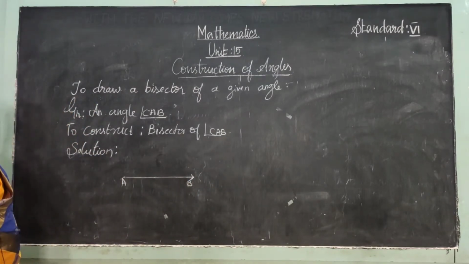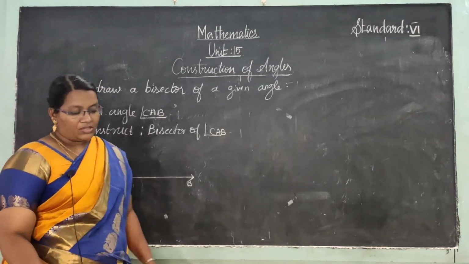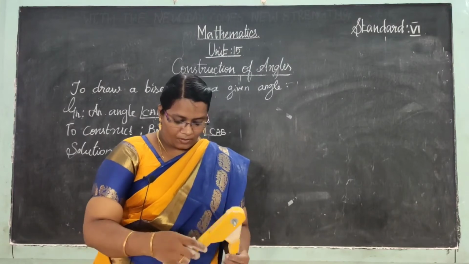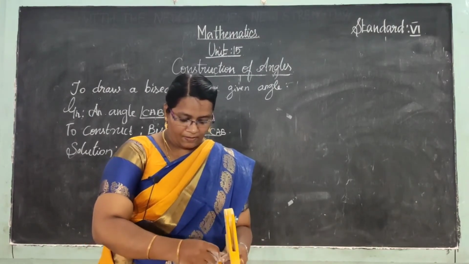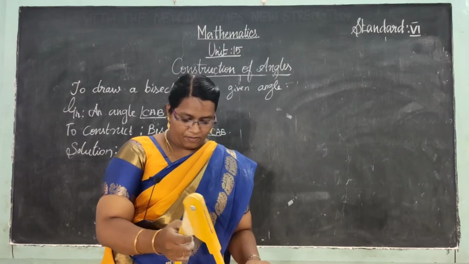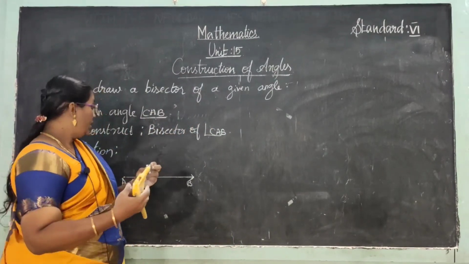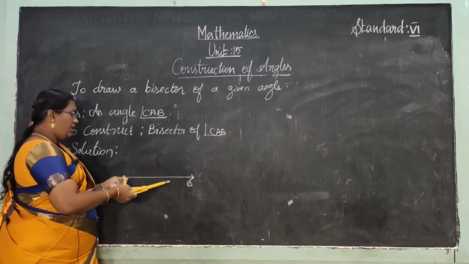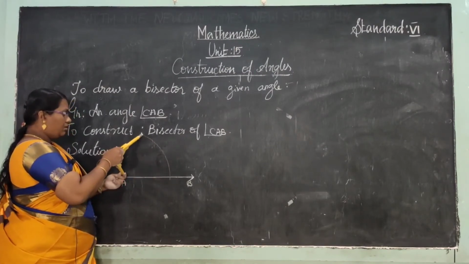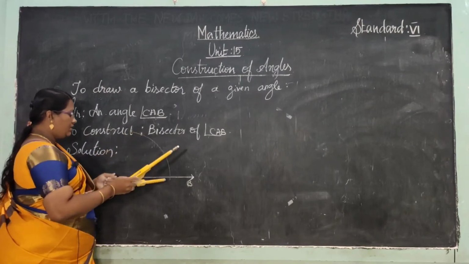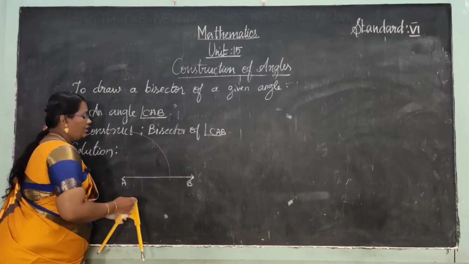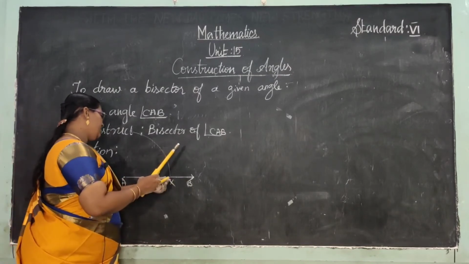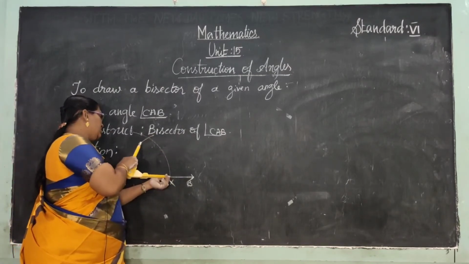Next step, using the compass, draw an arc of any convenient radius. I have drawn it like this. It is denoted by X. With center X, draw the arc.